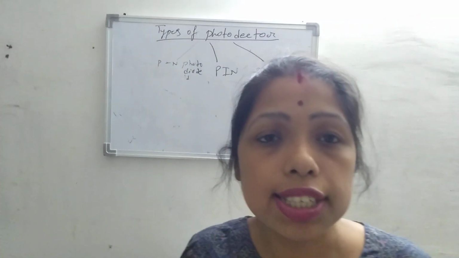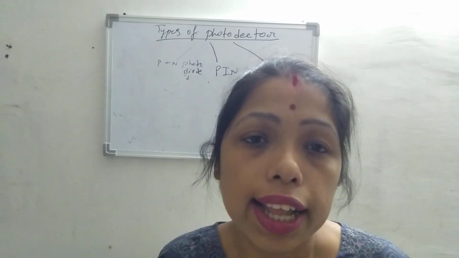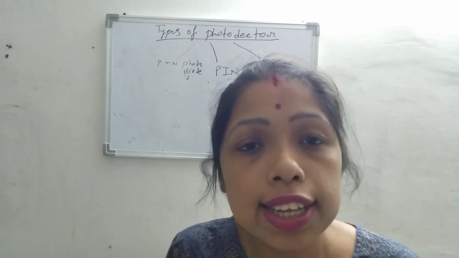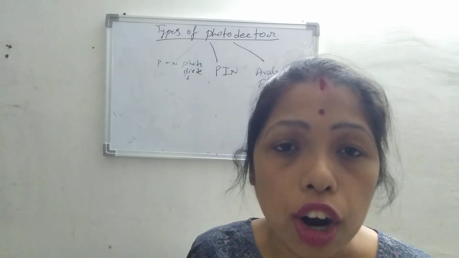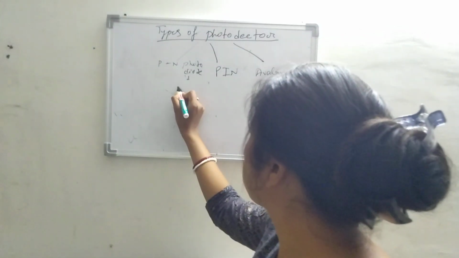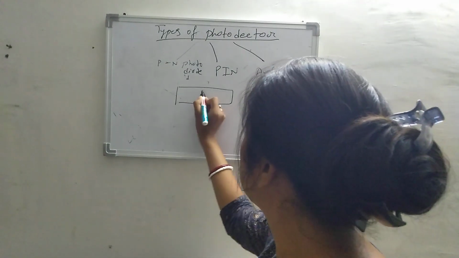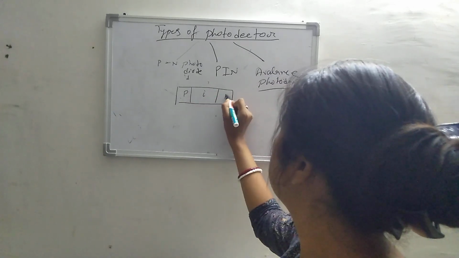That means one intrinsic layer is sandwiched between the P-type semiconductor and the N-type semiconductor. What is the intrinsic layer? That may be a lightly doped P-type or lightly doped N-type semiconductor. If I draw the pin photodiode, this is the P, the intrinsic layer, this is the N.